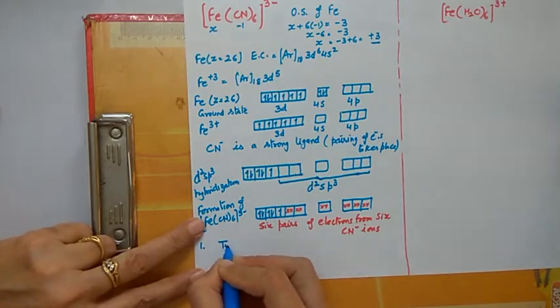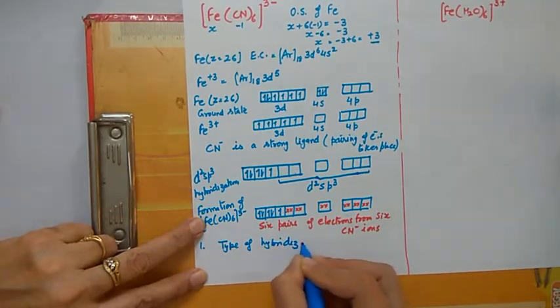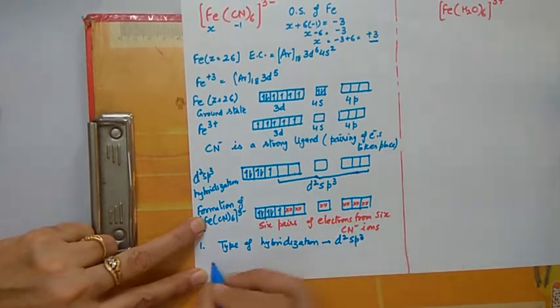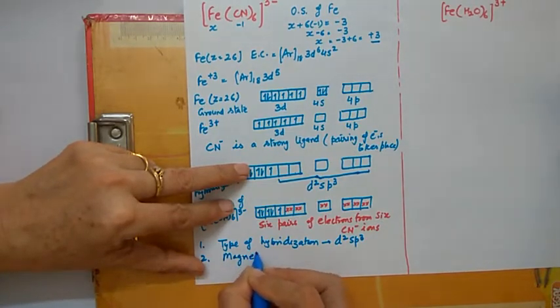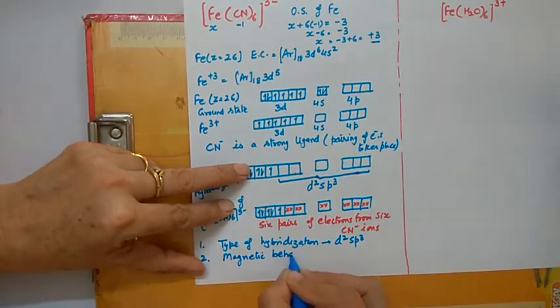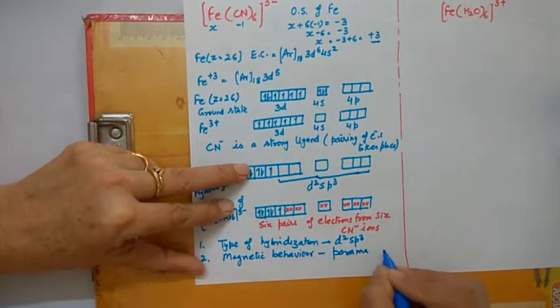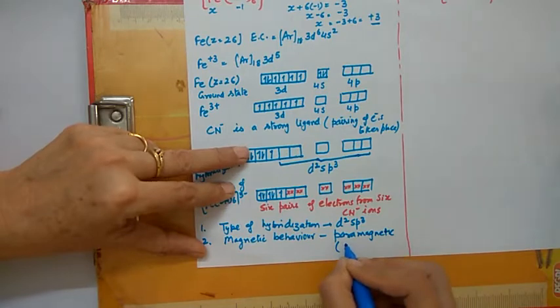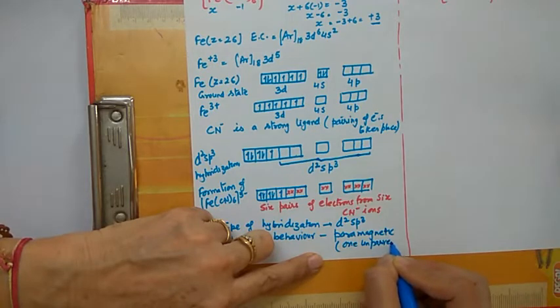One is the type of hybridization, that is d2sp3. Number 2, magnetic behavior, that is paramagnetic, because one unpaired electron is there.